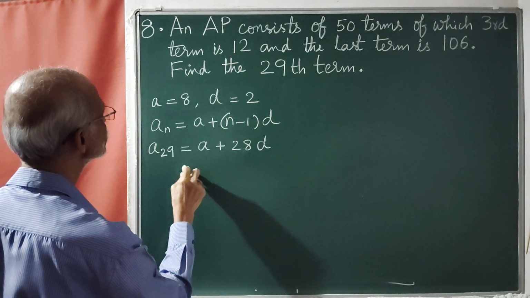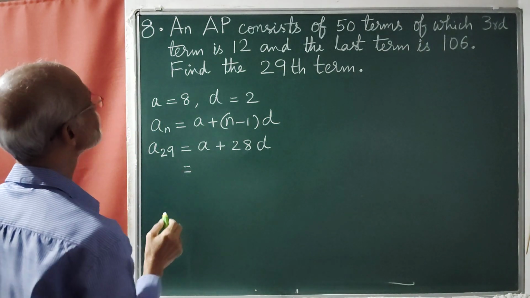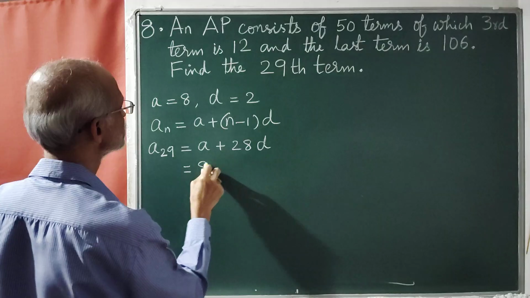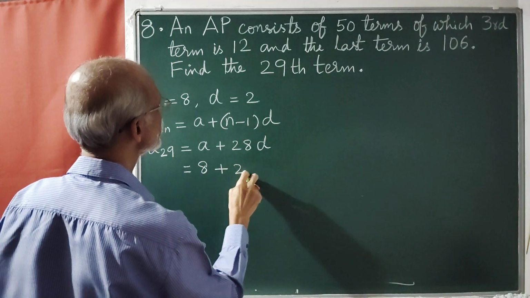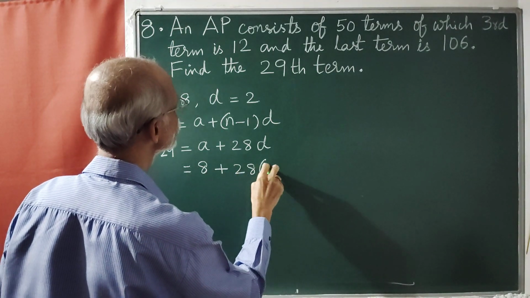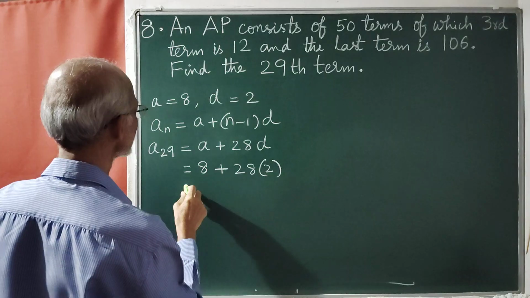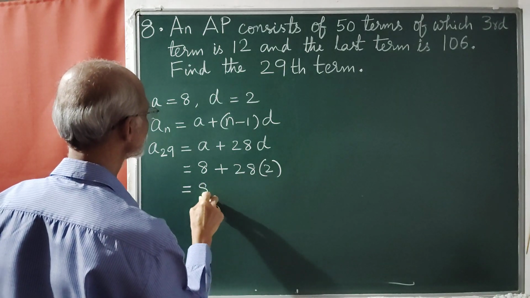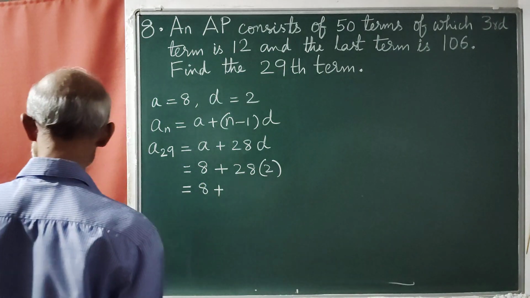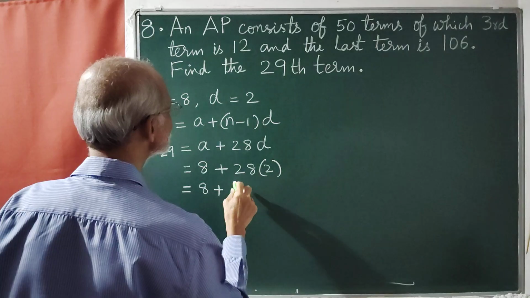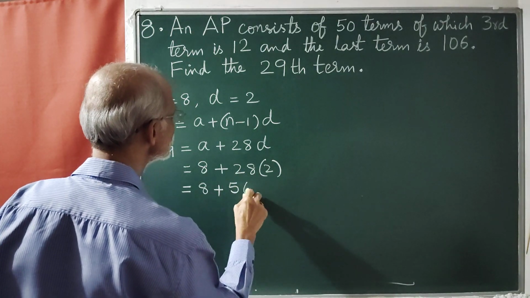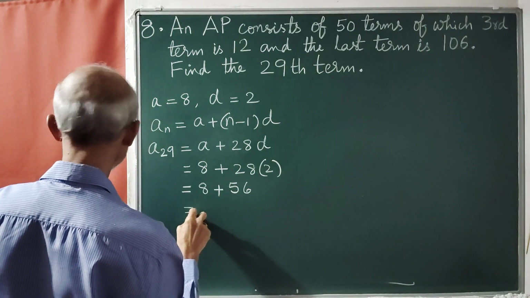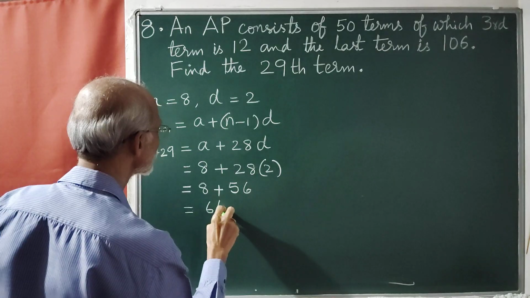So that will be equal to, what is A? 8 plus 28 into 2 is equal to 8 plus 56. That's equal to 64.